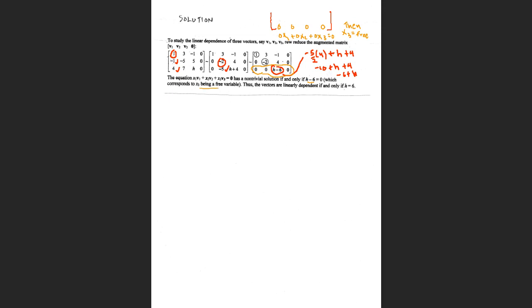And so the vectors would be linearly dependent only if h were equal to 6. Because if h equals 6, we would get a row of zeros at the bottom of our echelon form matrix, and that would imply that x3 is a free variable, and so a non-trivial solution to the vector equation here.